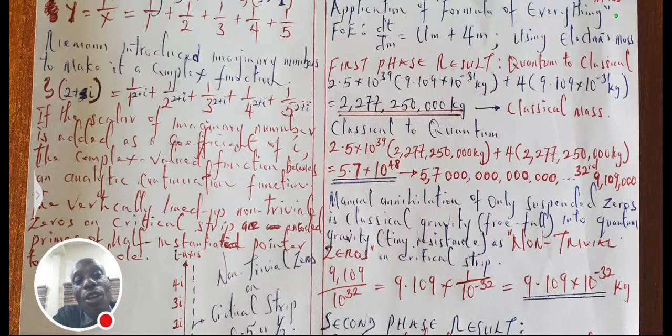So if the scalar of the imaginary number is added as a coefficient of i, the complex valued function becomes an analytical continuation function. So in that case, the entitle of the prime encoded instantiation can just be treated as half of the continued part into a higher dimension.